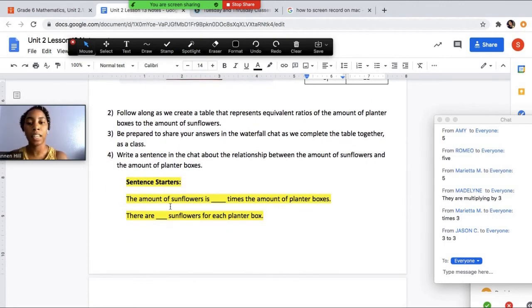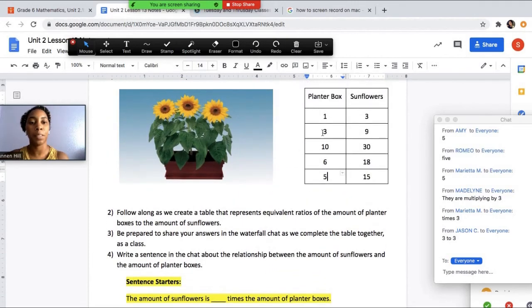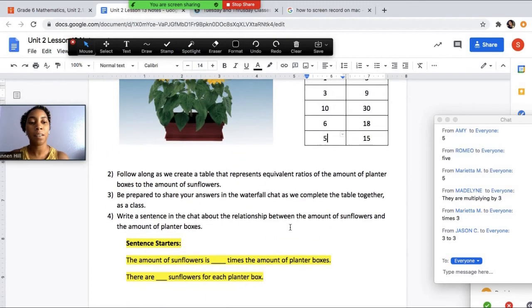So yeah, guys, I have these sentence starters here. Can you guys write a sentence that shows the relationship between them? So write it out in a sentence and go ahead and type that in the chat.